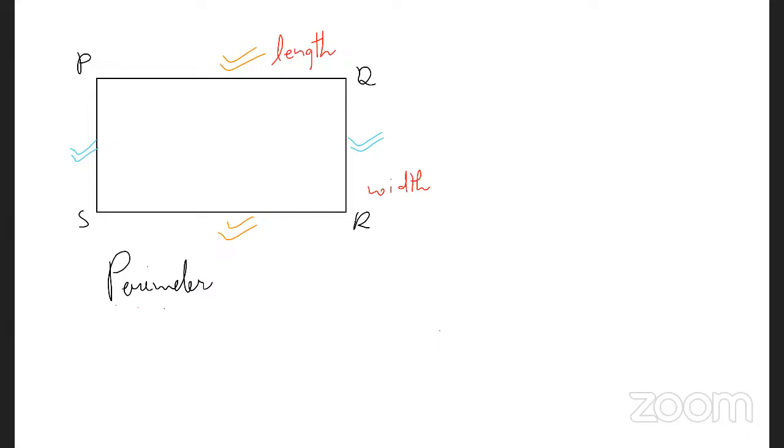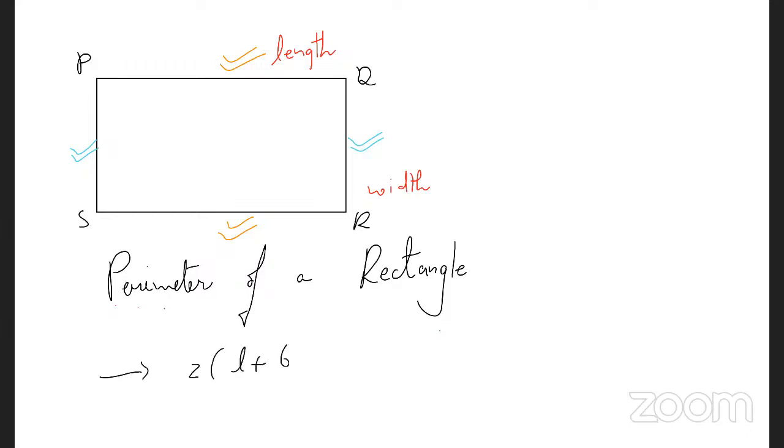The formula that we use to calculate the perimeter of a rectangle is 2 into (L plus B), or L plus W, the same thing.